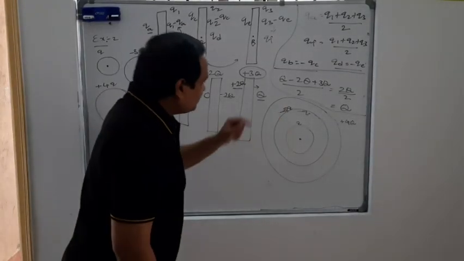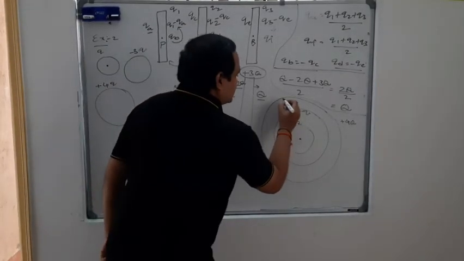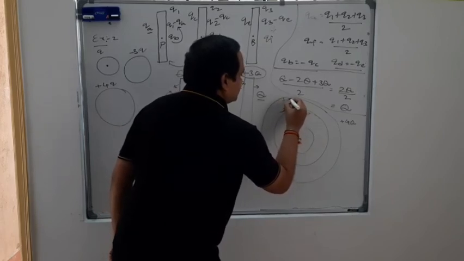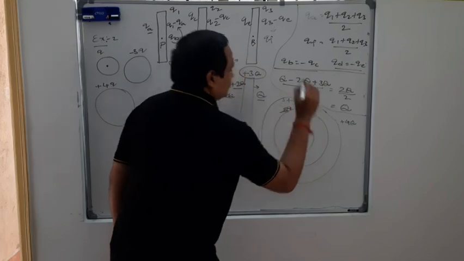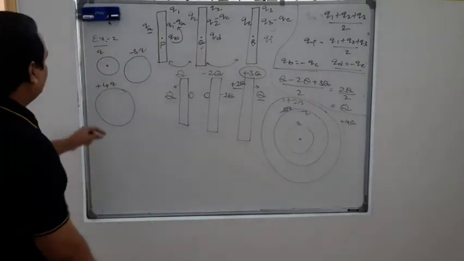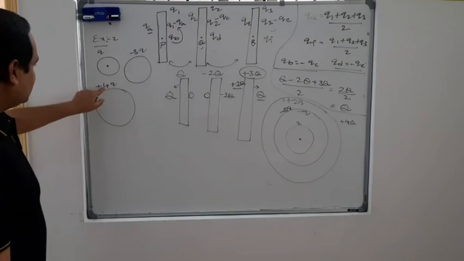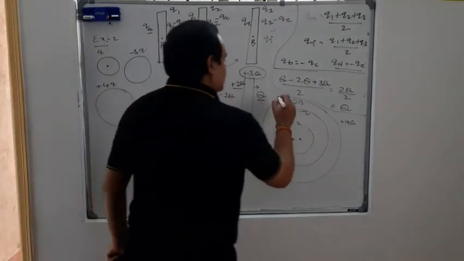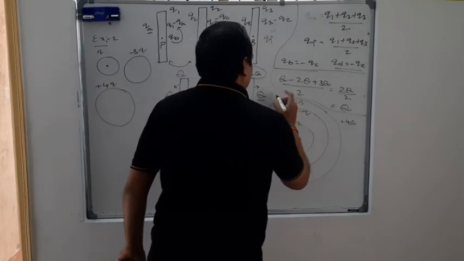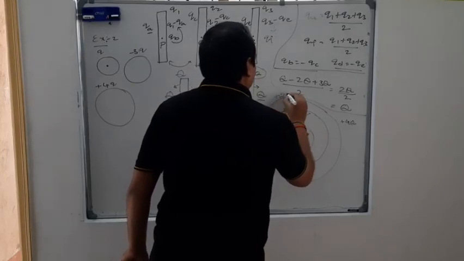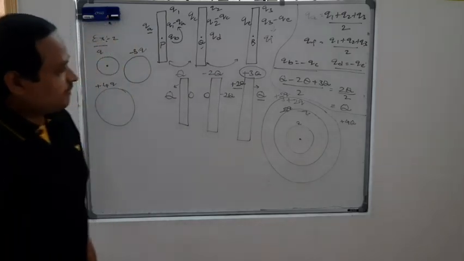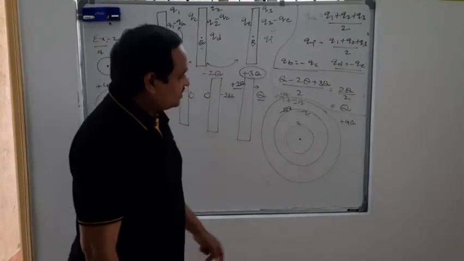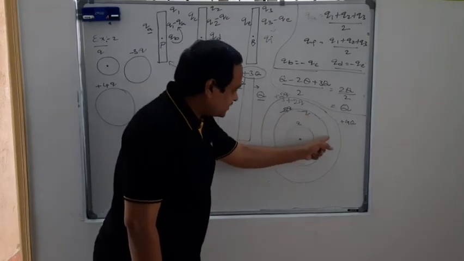Now, if this is minus 2q, then what is the charge accumulated on the inner surface of the outer shell? Plus 2q, correct? The total charge on the outer shell is 4q and the inner surface gains a charge plus 2q, so the charge on the outer surface of the outer shell is obviously plus 2q. Now by this we can write: what is the charge on the inner end of the second shell?